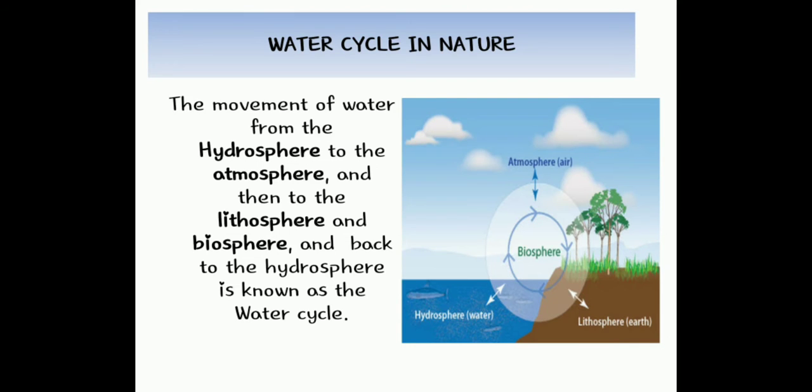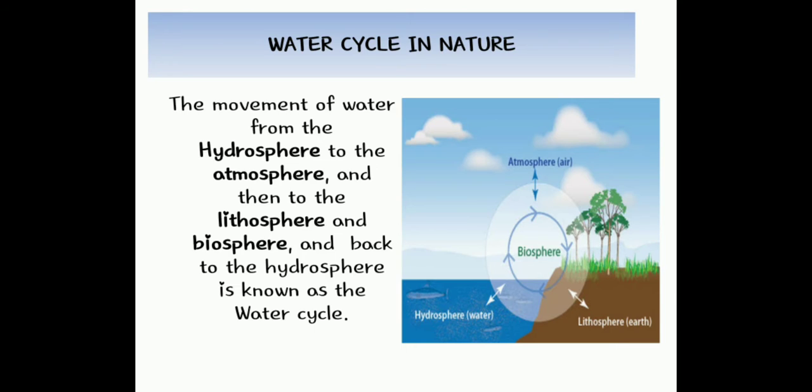Moving on to the next subtopic, water cycle in nature. Now, what is the water cycle? The movement of water from the hydrosphere to the atmosphere and then to the lithosphere and biosphere and back to the hydrosphere is known as the water cycle.